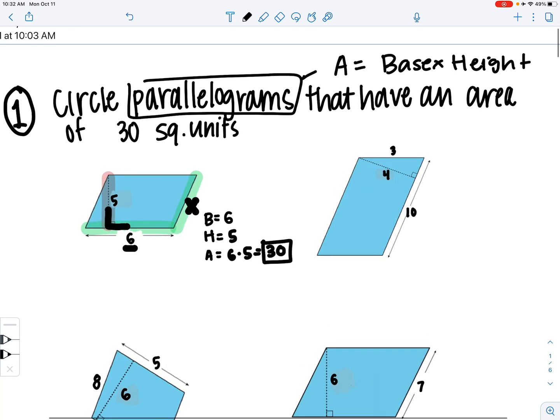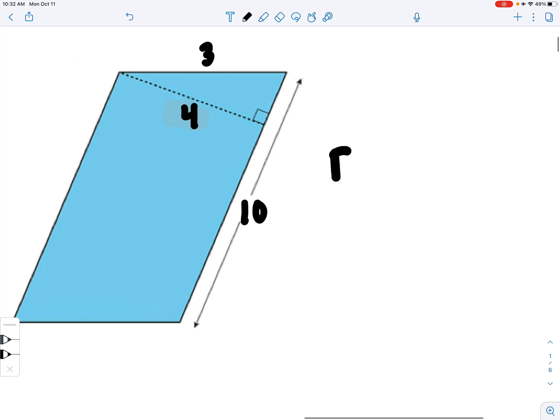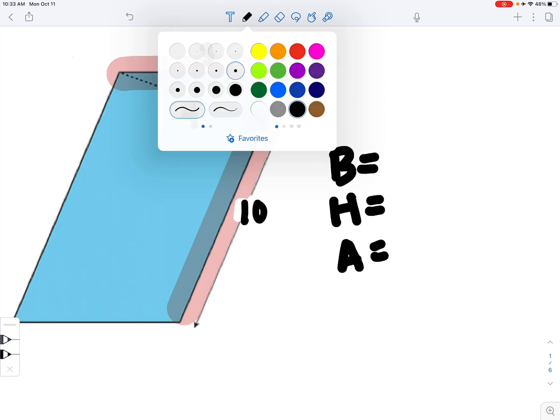Okay, now the second one. So we again want to find the base, height, and area of this parallelogram. Go ahead and pause the video and try to figure it out, and then play again when you're ready. Okay, so for the base, it has to be one of the sides, so it could either be the 3 or the 10. So we need to ask ourselves, is the 3 or the 10 making a right angle with anything?